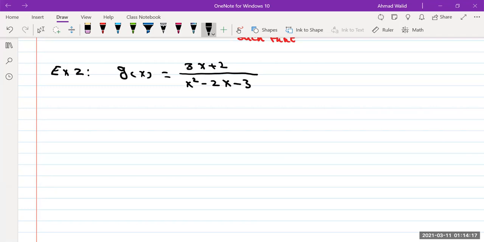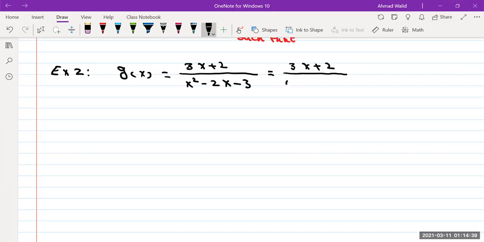To find the domain, first, even you can do it here, factor the denominator. If you can factor the numerator, do it. But we don't need, only we factor because if we can cancel, we can cancel. But if you cannot factor, leave it that way, correct?